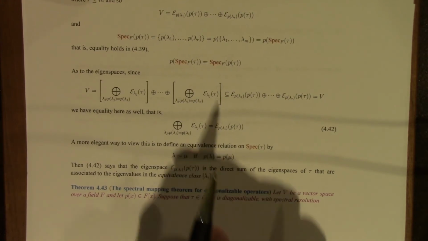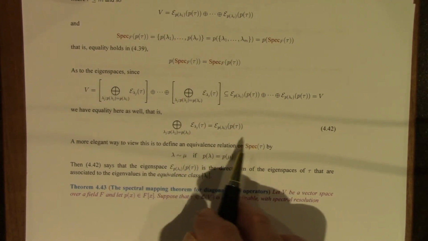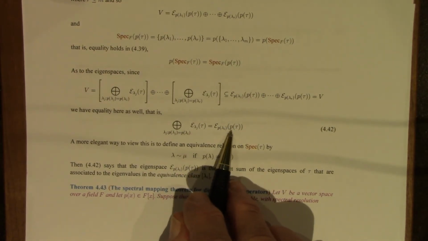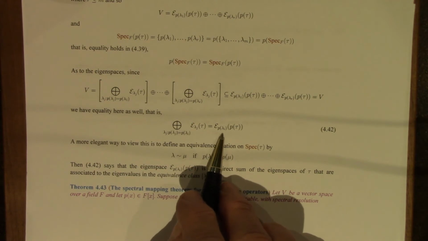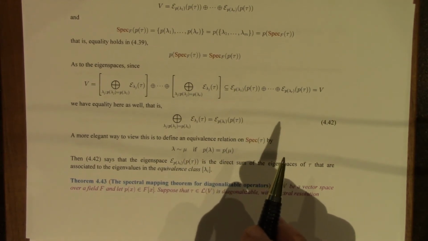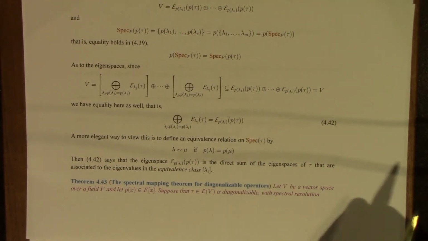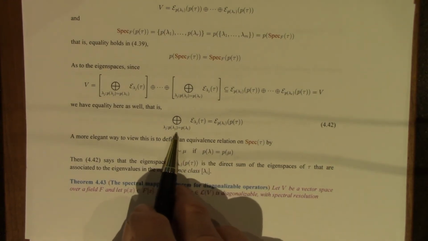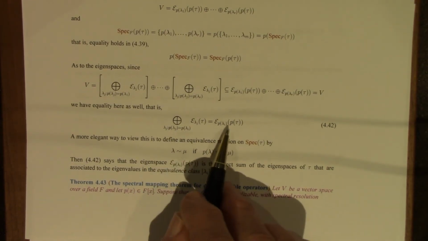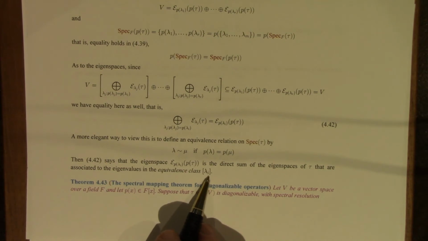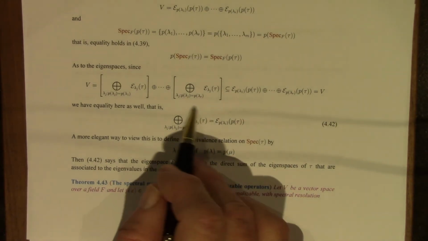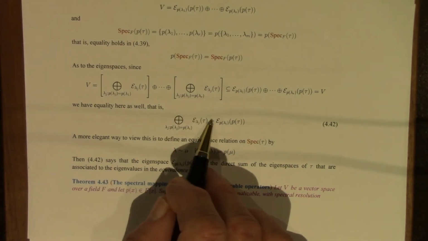And then this equation says that this eigenspace, the p of tau eigenspace for p of lambda i, is the direct sum of the eigenspaces of tau ranging over the equivalence class that contains lambda i. So we are summing on equivalence classes here.